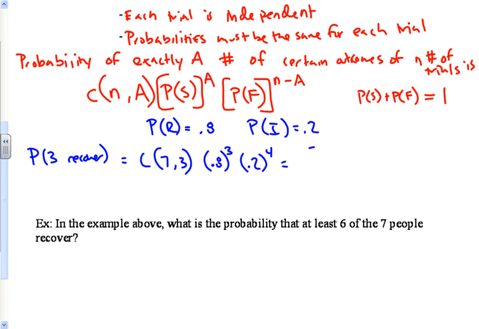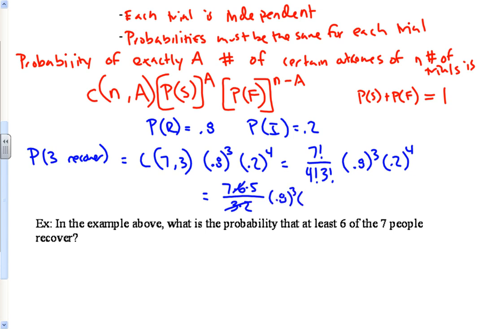The combination would be 7 factorial over 4 factorial 3 factorial, times 0.8 to the 3rd power times 0.2 to the 4th power. Of course, you'd need a calculator for this, which would be 7 times 6 times 5, the 4 factorial cancels, over 3 times 2, which is 6, times 0.8 to the 3rd times 0.2 to the 4th.